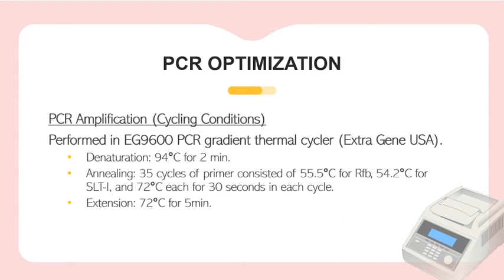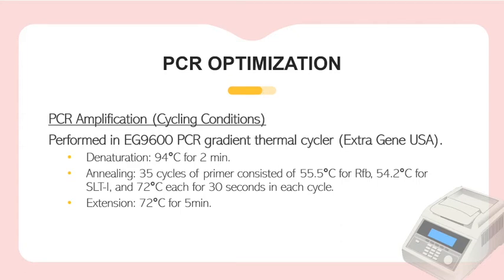PCR amplification or cycling conditions. It was performed in an EG 9600 PCR gradient thermal cycler, also known as Extragene USA, wherein denaturation is done at 94 degrees Celsius for 2 minutes.